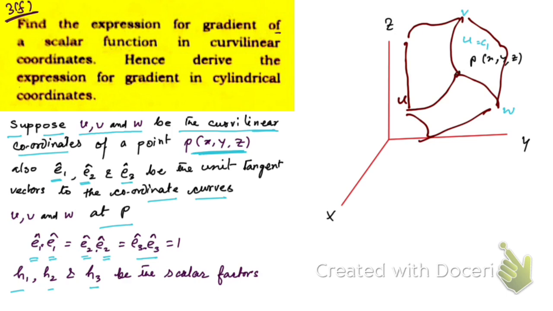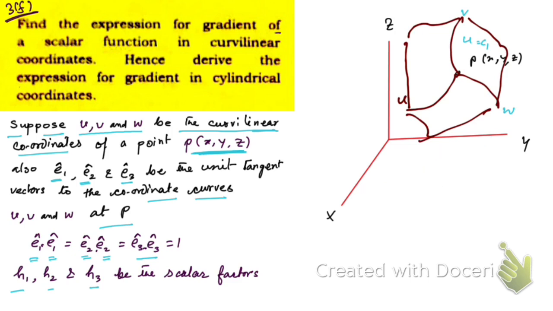As you see, when you say xy plane, its equation is z equal to 0. So if the z coordinate is 0, that means it is lying in the xy plane.